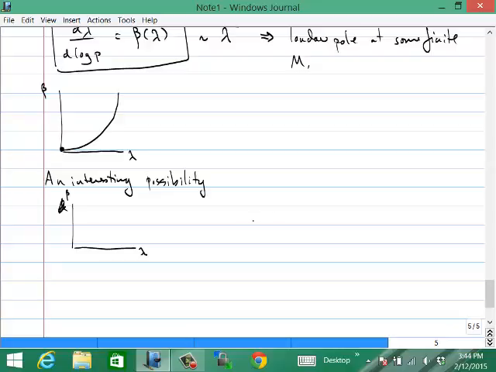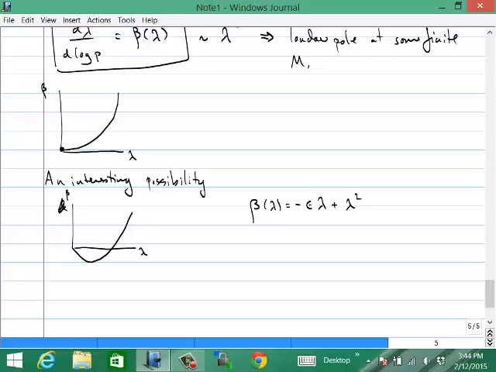So for example, if you had a beta of lambda which looked like this, then your renormalization group flow would look like that.